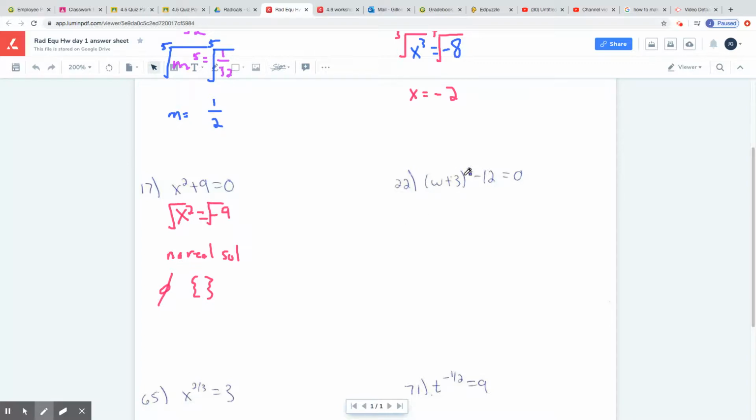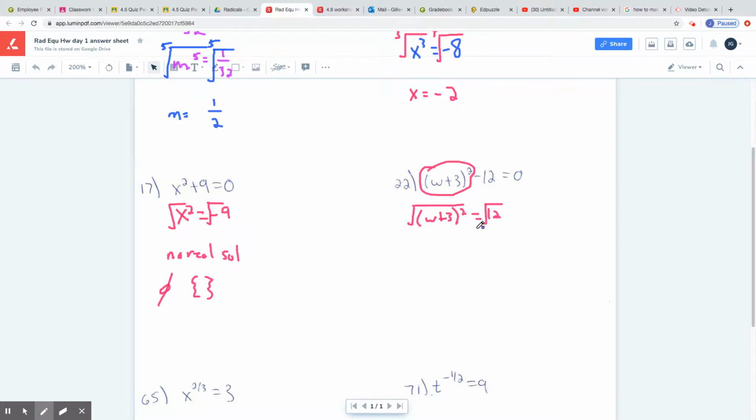Now, instead of just having an x squared or a w squared or w cubed, we have a quantity being squared or cubed. That just means we get all of this by itself first. So w plus 3 squared equals 12. Now we take the square root.